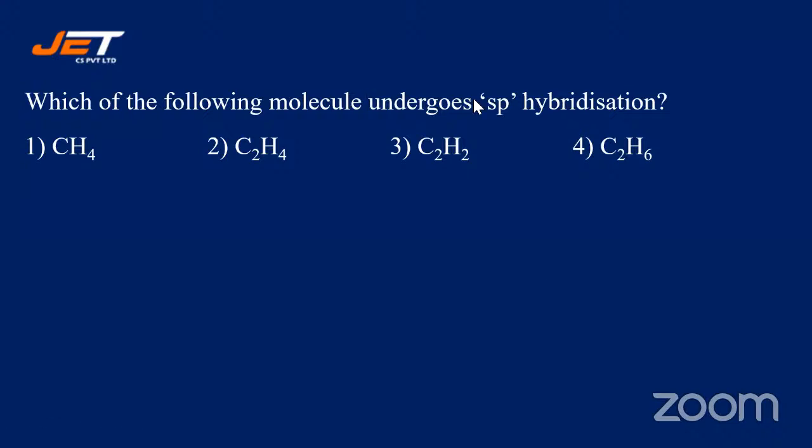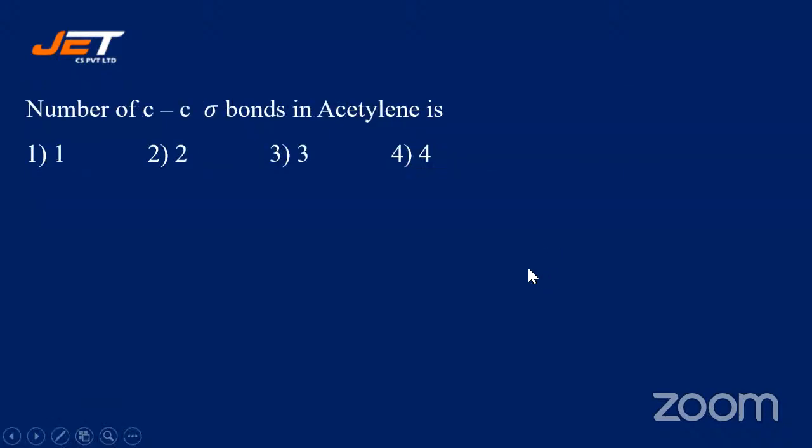I'm getting different answers. Please, everyone, try. Yes, let us see the key. It is option 3, absolutely right. C2H2 undergoes sp hybridization. Let us move to the next one.